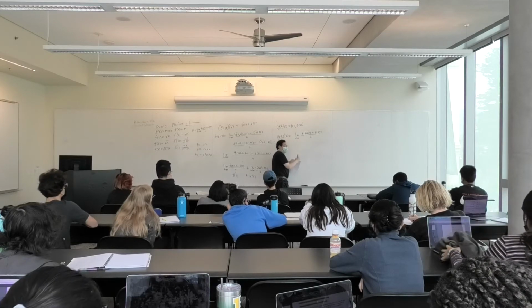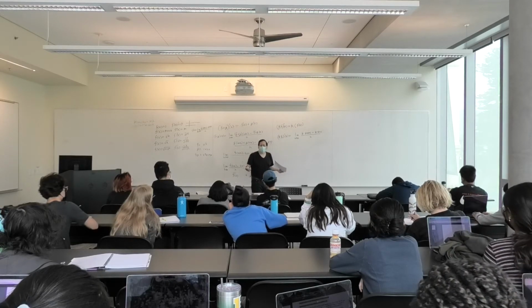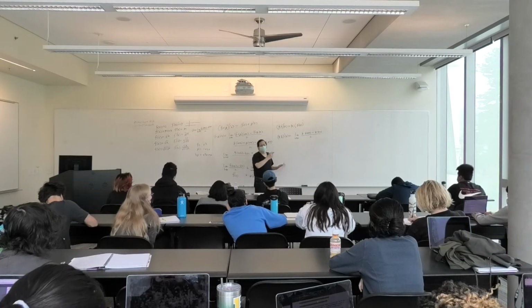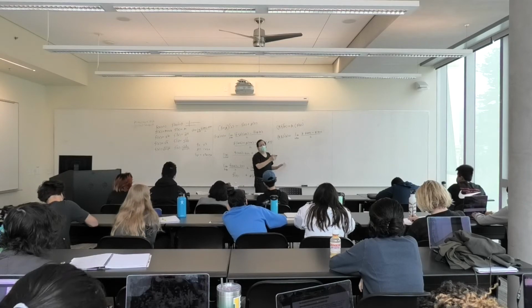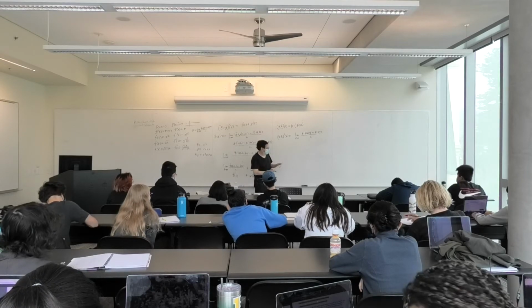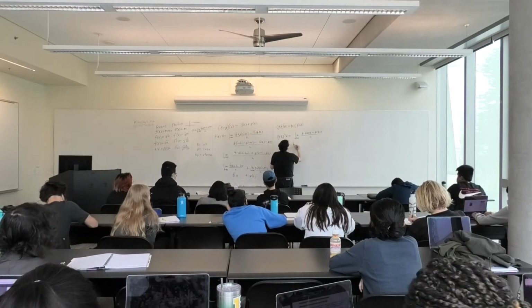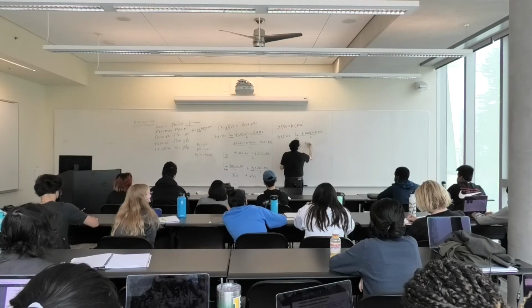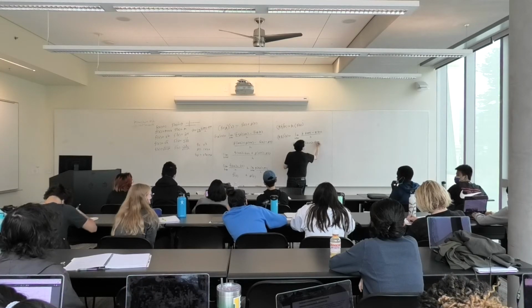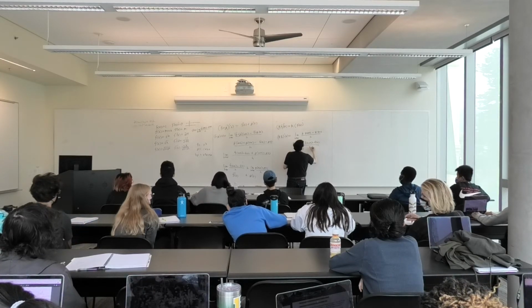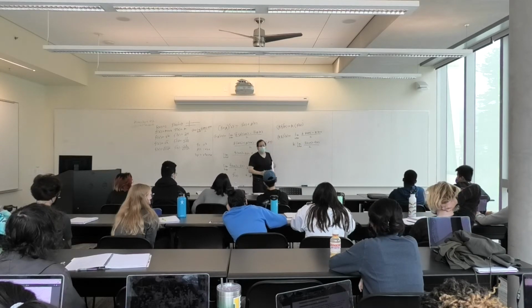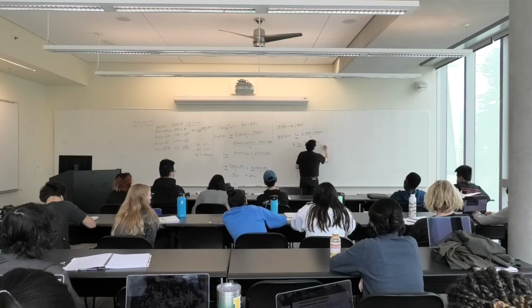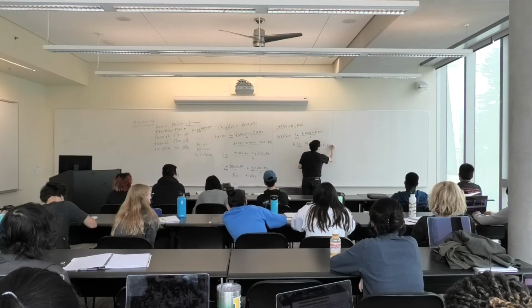I can take it outside the limit because that's a property of limits: a constant times the limit is the limit of a constant times the function. So it's just k times the limit. This is just the derivative of the function again, right? So it's just k times the derivative of the function.